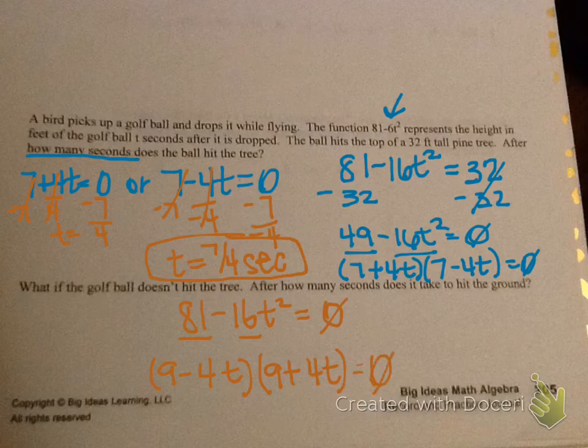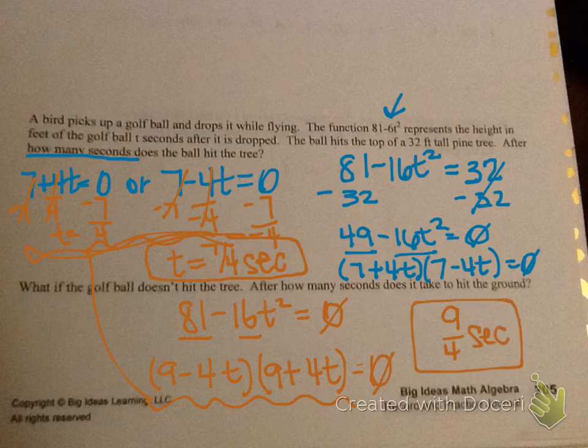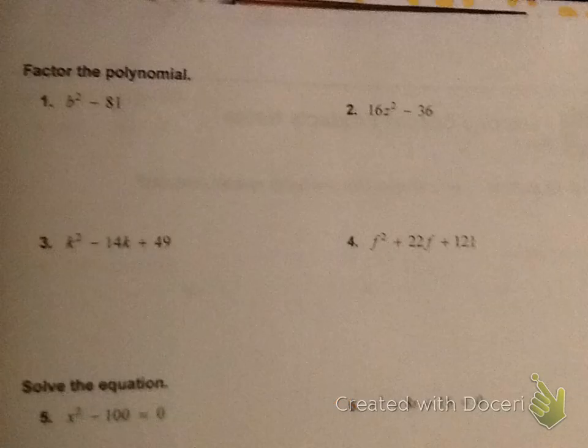And these are going to give us the same answers as these two did, except 9/4 instead of 7/4. So 9/4 seconds will be our final answer. Again, the negative 9/4 seconds doesn't apply in this situation.